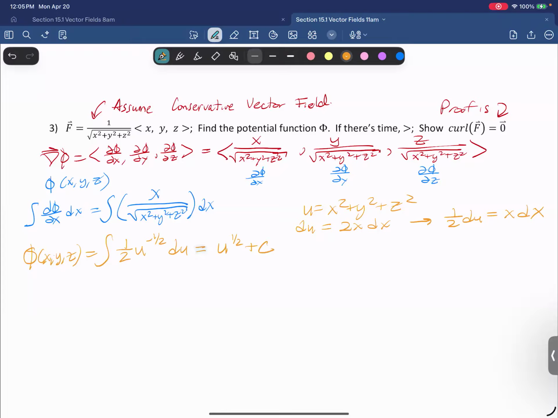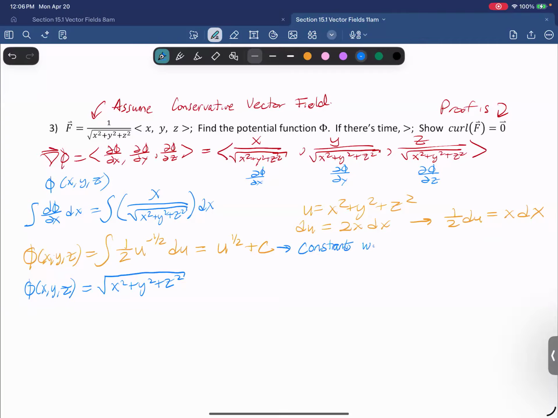Now, when we convert back, u was x squared plus y squared plus z squared, so we have the square root of x squared plus y squared plus z squared. And our constant now is the constant with respect to y and z.